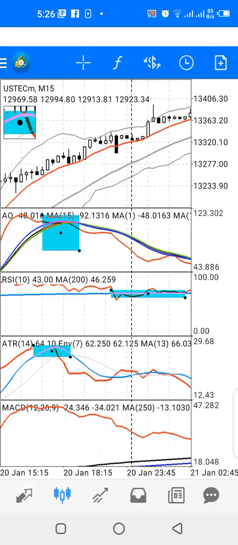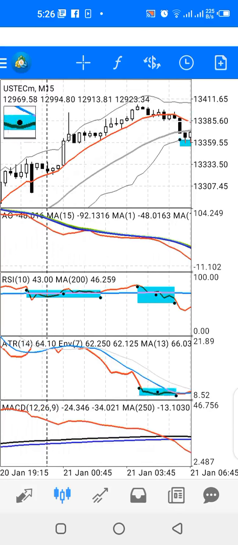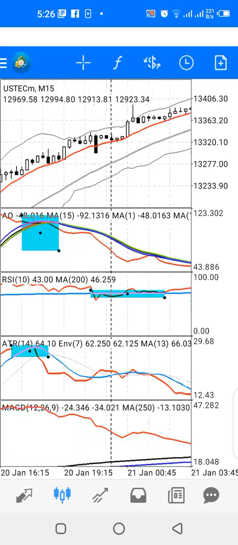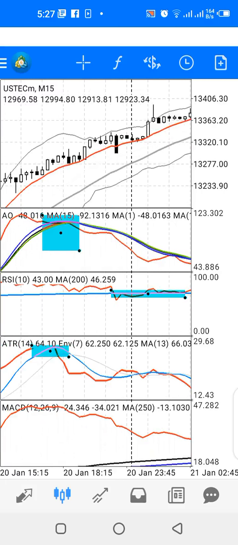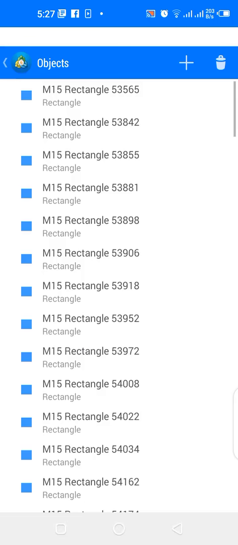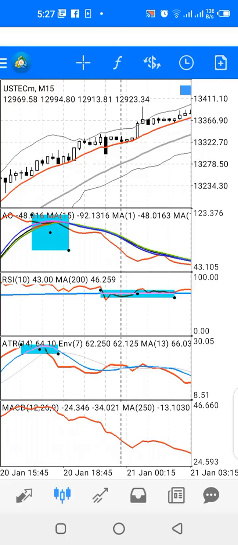From here to here is also telling you more like your impulse. If you look at the main chart, you can see the run of price, very steep rise.